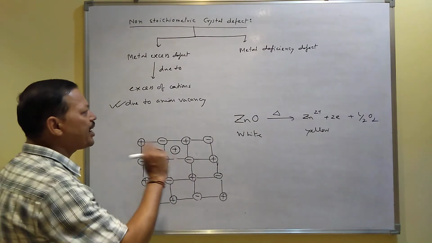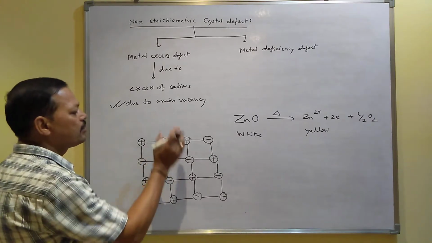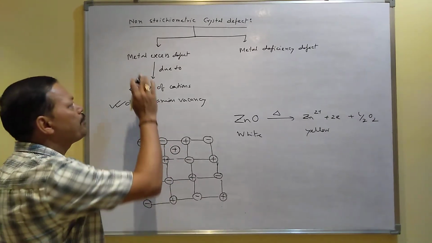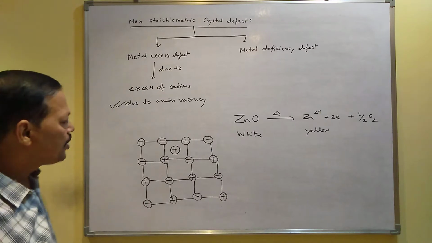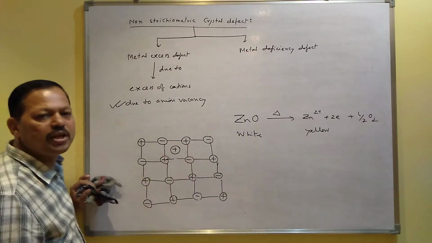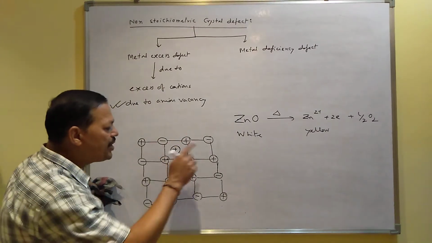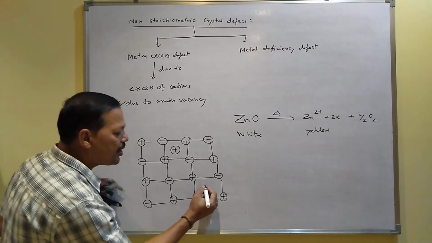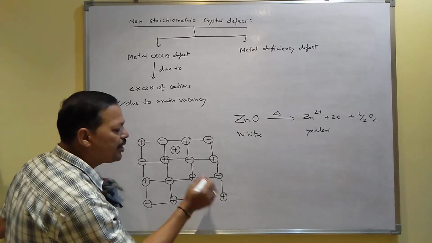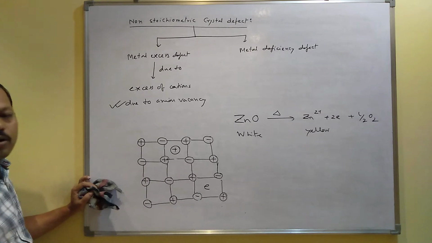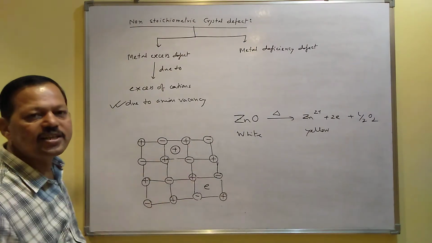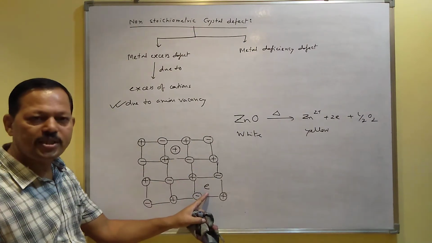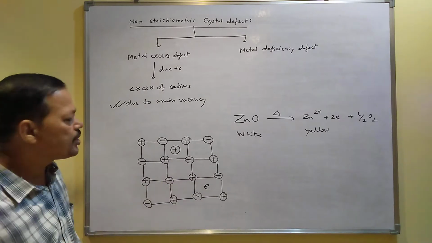When this extra cation comes, the cation number will be more, I mean the metal will be in excess. Then the electrical neutrality will not be maintained, and to maintain it, one electron will be trapped in another void. This is also called F center, and this type of crystal also produces color.